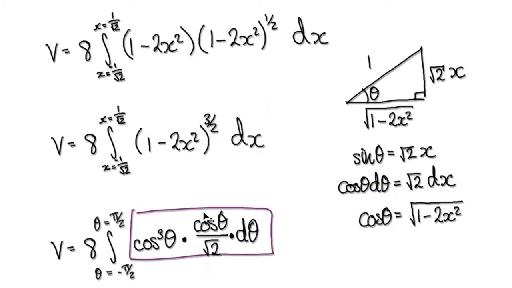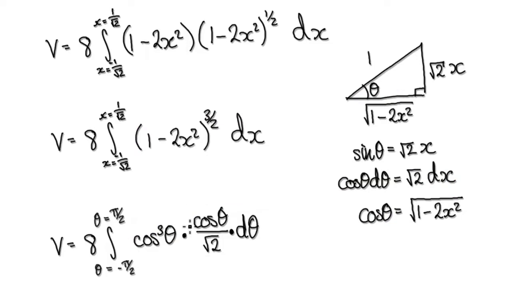Okay, so now tidy this up. By the way, here we're integrating from x equals this to x equals this, but because we made this substitution, we need to establish our limits of integration in the theta world. Let's put this into the x.